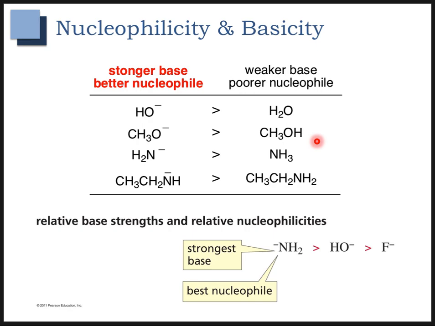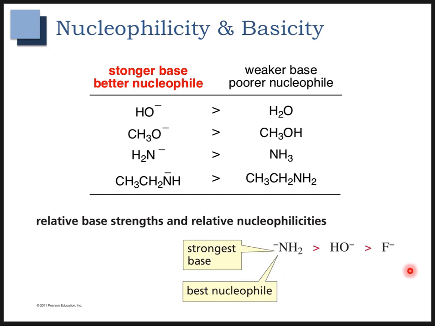So always the stronger base will be the better nucleophile. The exception is going to be when we start looking at size of bases, so you could potentially have a strong base that's bulky, and then it might not be a very good nucleophile, but we'll get into that later.